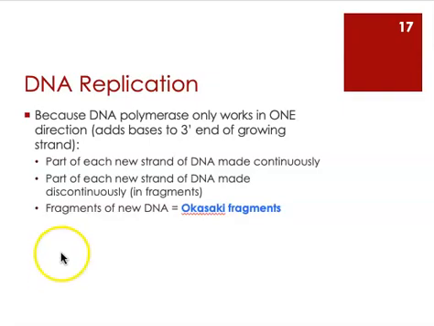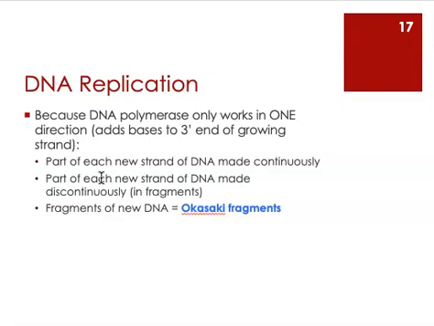But understand that part of each new strand of DNA is going to get made continuously. The enzyme is just going to add one base after another, building the new strand of DNA in a continuous manner. But there will be other parts of each new strand where the DNA is going to have to be made discontinuously. In other words, in fragments.